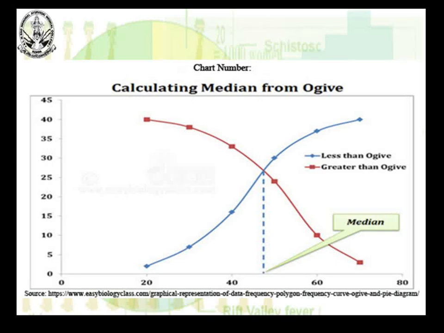Here in this example you can see, the blue one is showing the less than ogive, the red one is showing the greater than ogive. So the point on the x-axis where both are intersecting is taken as the median. Source is given over here.